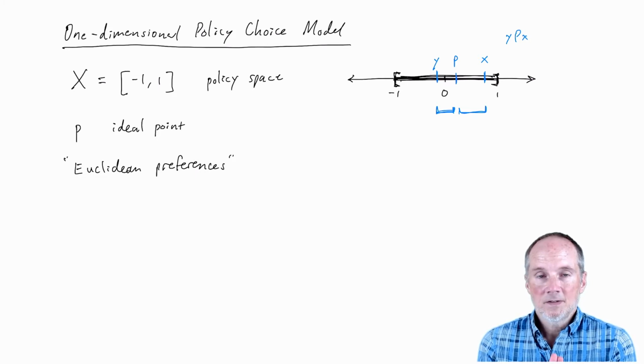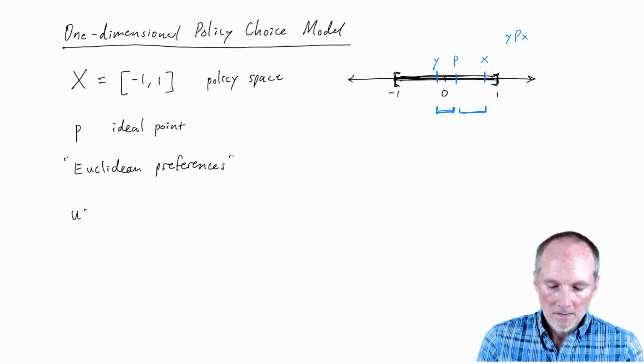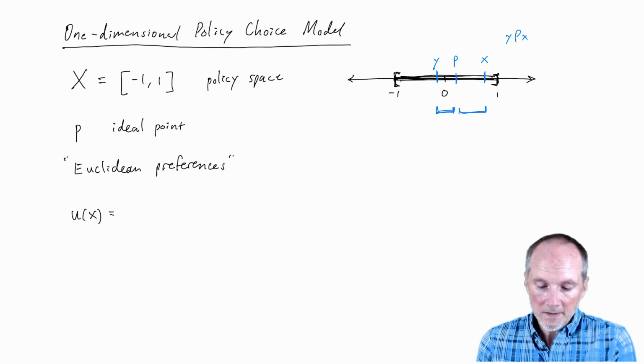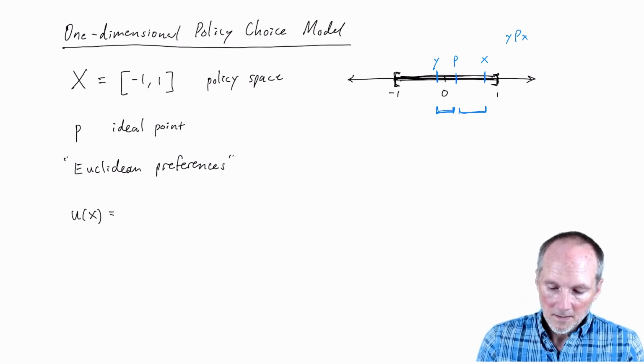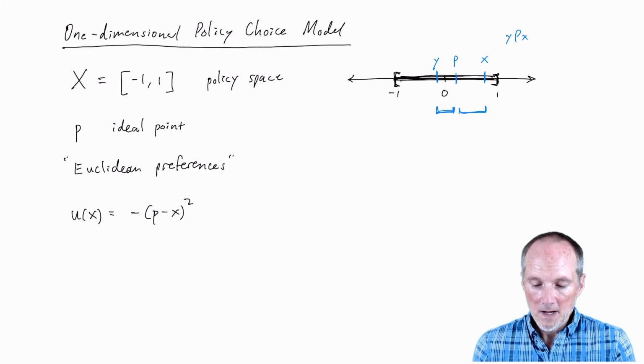In terms of a utility function, one possibility would be to define utility as follows. For any policy x, we have to assign a number to it. Let's look at (p minus x) squared, but I'm going to multiply it by -1. So think about how this utility function works, right?